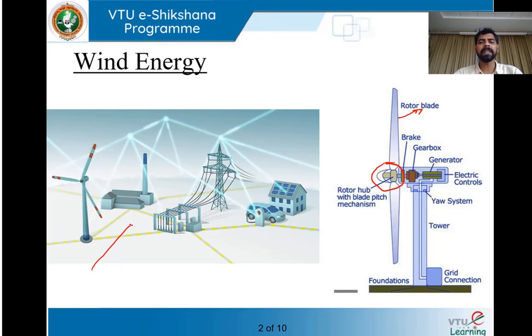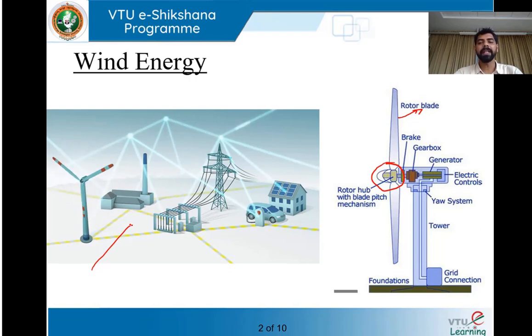As the rotor starts absorbing the wind kinetic energy, it starts rotating. That means the kinetic energy possessed by the wind is now absorbed by the rotor blades, and in turn that kinetic energy makes the rotor blades rotate.